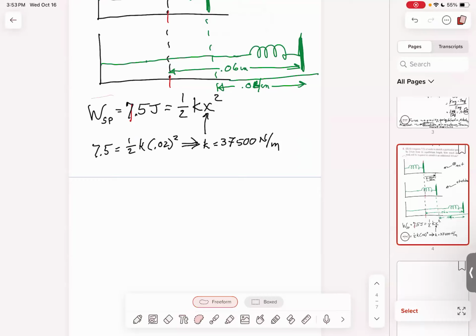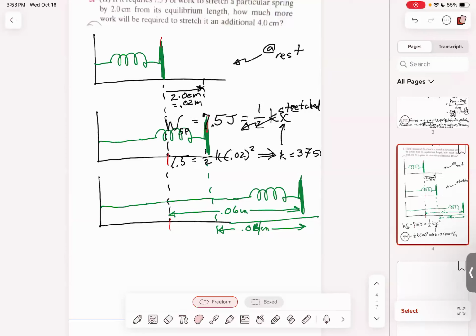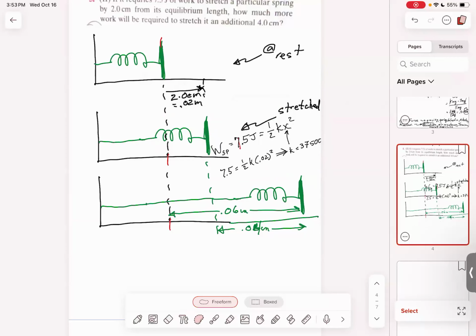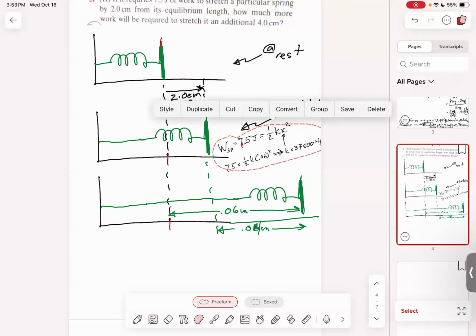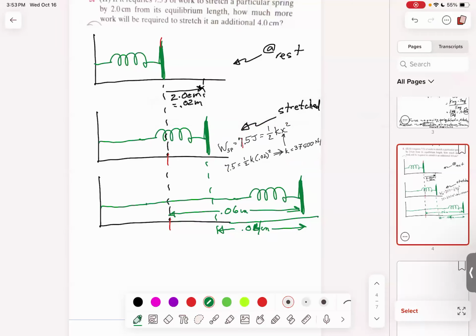Let's move this work piece up here a little bit. Compress that down. Remember that it ties in with that. And let's do this again. So the work on the spring, that's going to take us 0.06 meters from the initial starting point, is equal to, again, 1/2.